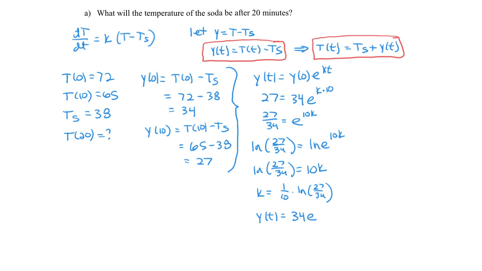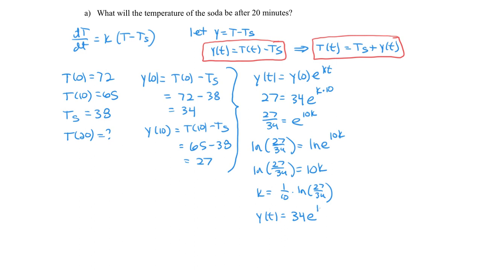Okay, so here's k. I'm going to switch these around though, because I want to get that cancellation that we've been using so much. So I'm going to write this as natural log 27/34 times 1/10, and then that has to get multiplied by t also. All right, so this will be familiar. This is what we've done in the past when we were working on part 1 of this section.